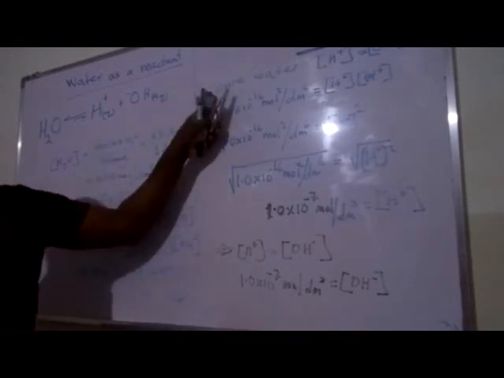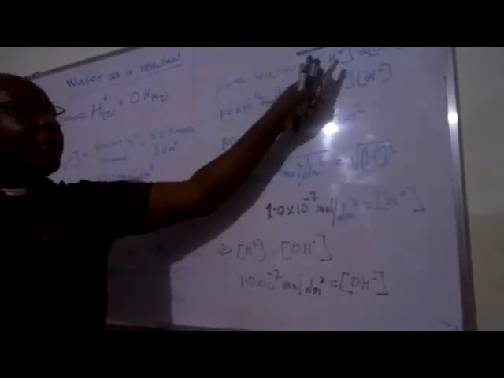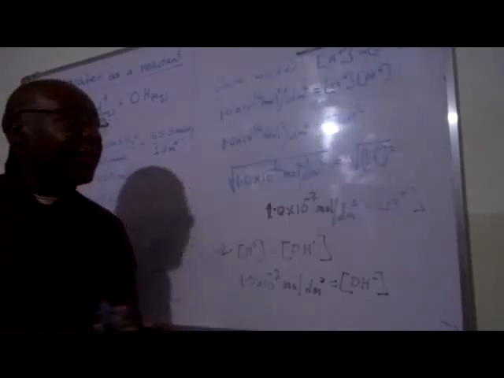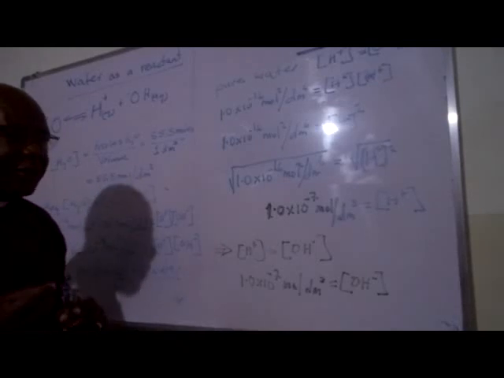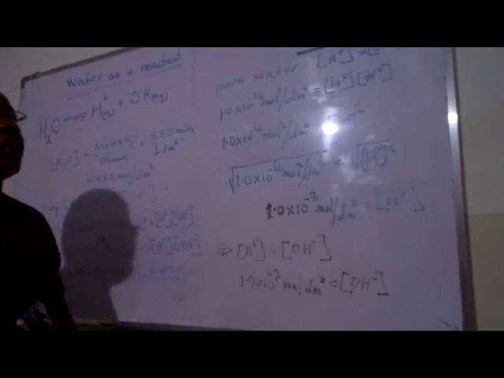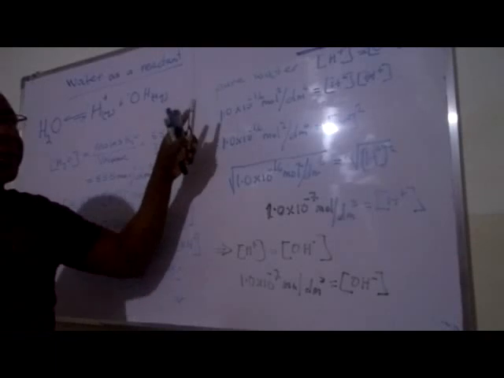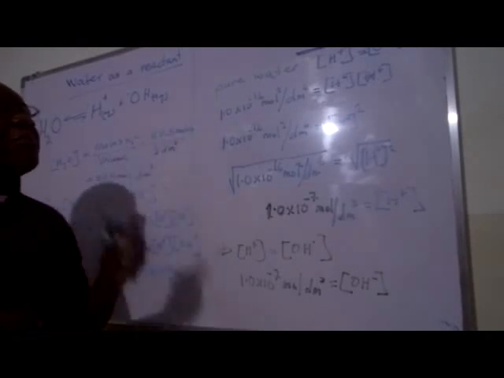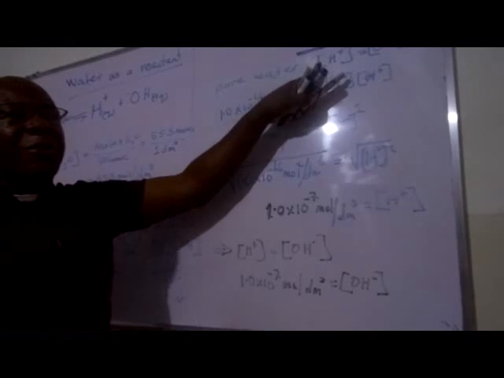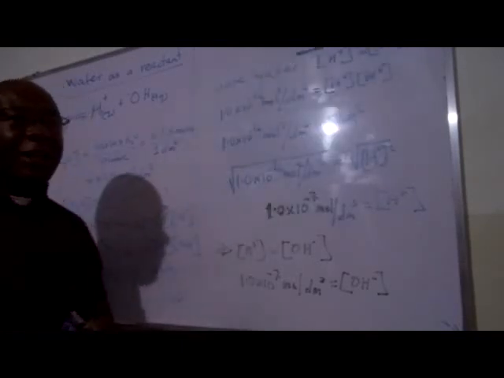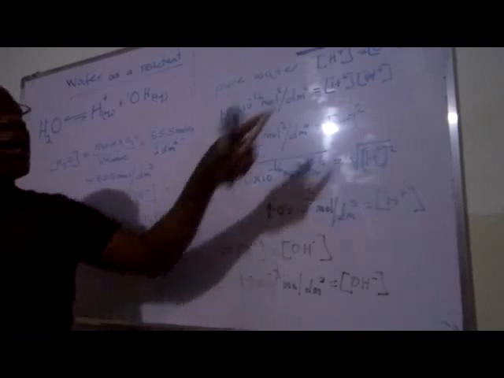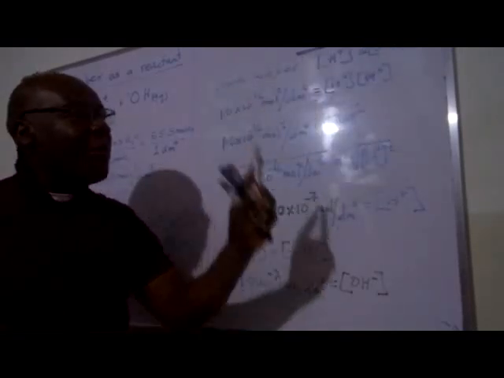I will repeat what I have said. In pure water, the concentration of hydrogen ions is equal to the concentration of hydroxide ions. But if in water we put a solute, which could be a solid or a liquid, it will no longer be pure water. Maybe the concentration of hydrogen ions will be more than the concentration of hydroxide ions, or you may have a scenario where the concentration of hydroxide ions is more than the concentration of hydrogen ions.